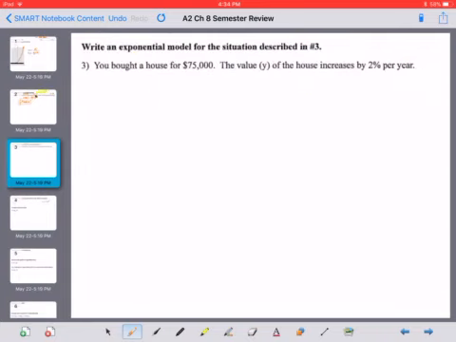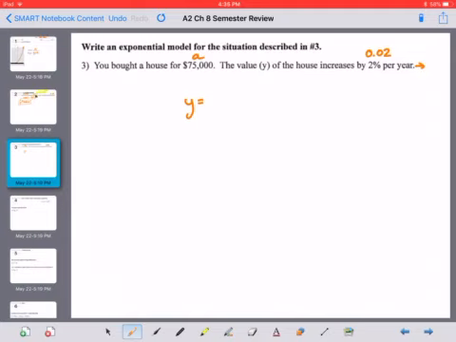Okay, still using some interest ideas here. We are going to write an exponential model for this situation here. So you buy a house for $75,000. That's going to be our A value. And we're going to write an equation y equals the house, if it increases by 2% or 0.02 each year.